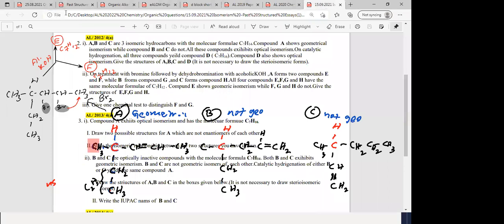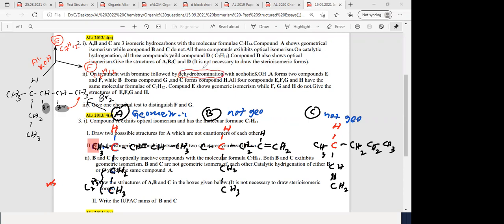Put an arrow towards this dehydrobromination right here: removal of HBr. If you don't know the meaning of these terms, then also there is a problem. Dehydrobromination is what? Removal of HBr. Please write it.